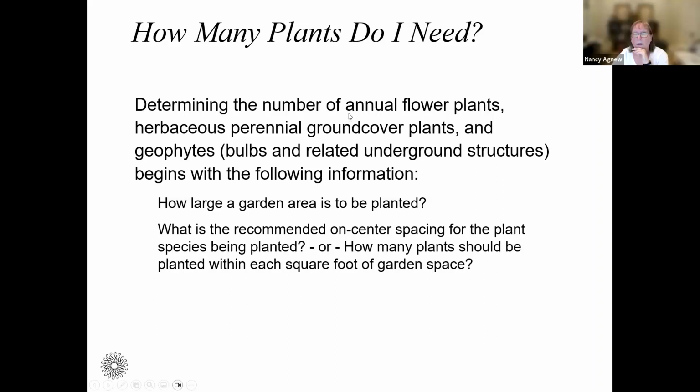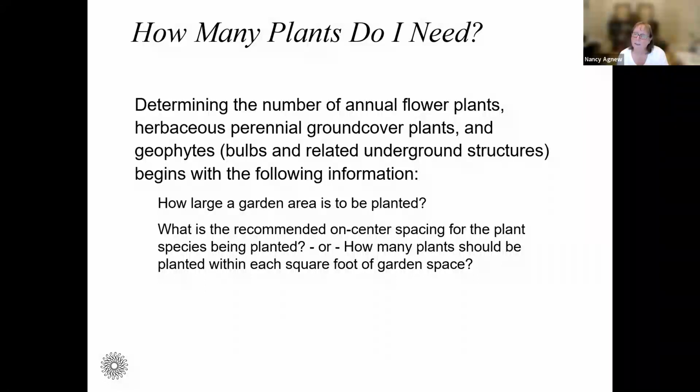Okay, so in order to calculate how many flowers, perennials, bulbs, and other underground structures, the first thing we need to know is how large a garden area is to be planted. That's the first piece of information that we need, and we spent a bunch of time last week talking about calculating area.